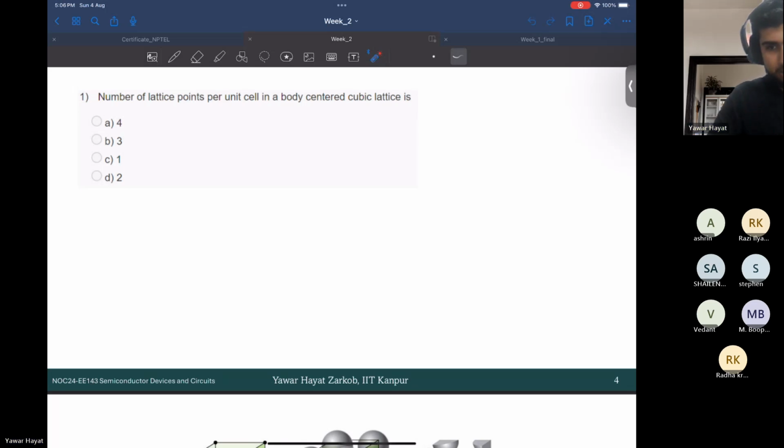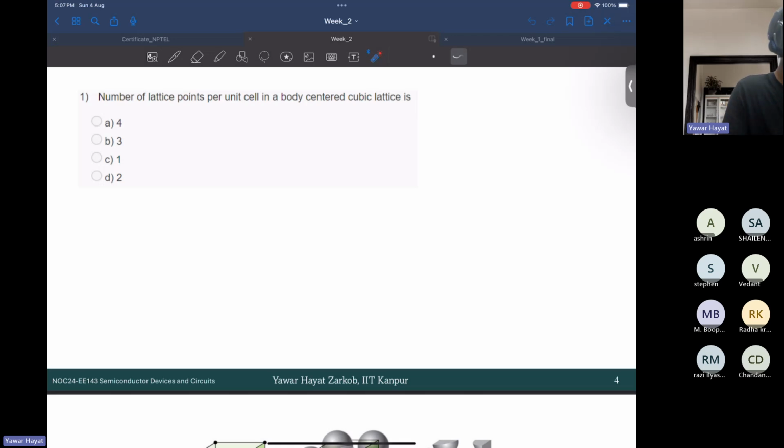Okay, 2. Fine. Anyone else who wants to attempt it? This is pretty straightforward, right? 2. Okay, we got 2 answers for option 2, D. Again 2. Okay, fine. I got 3 responses.